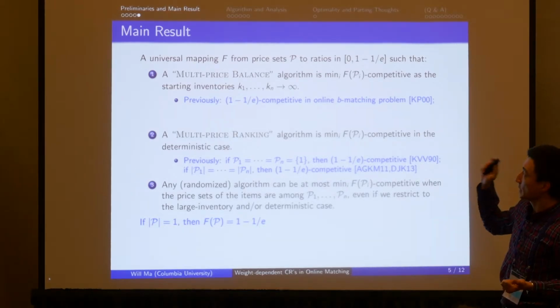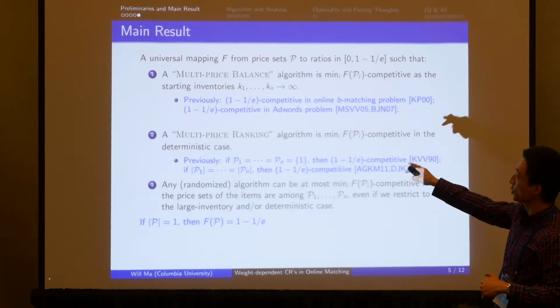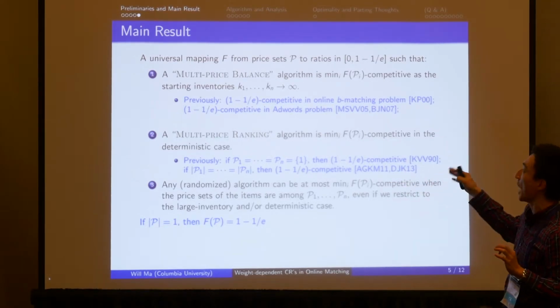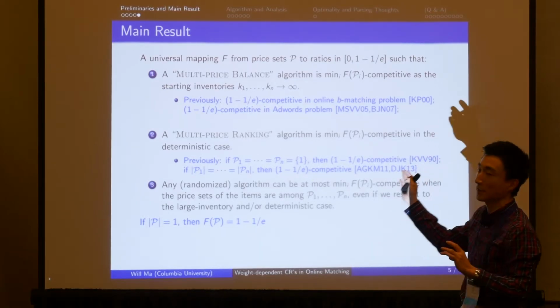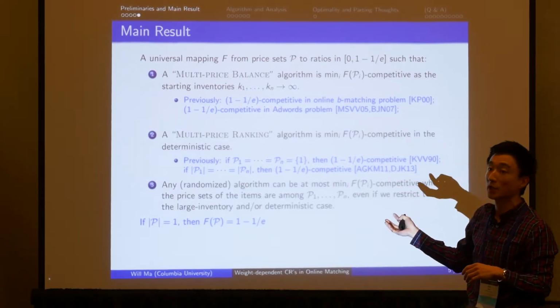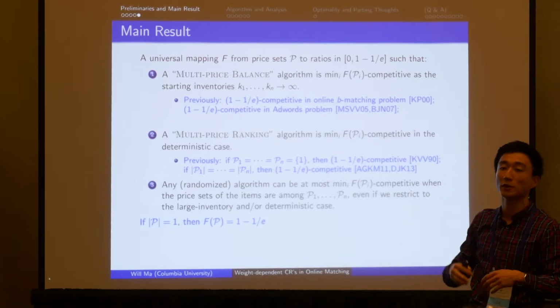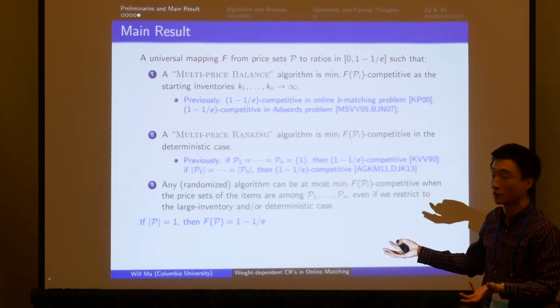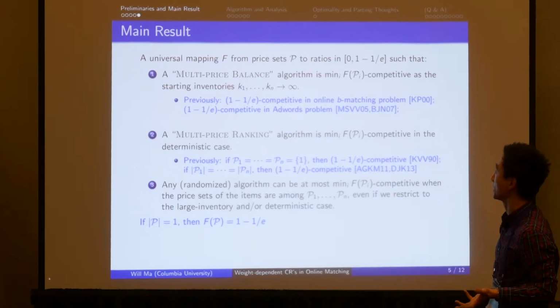And if each item has a single price, we can show that this is actually equivalent to the AdWords problem. Even though the AdWords problem is phrased a bit differently, where the bidders have budgets, essentially because the budget can only be converted to reward at a fixed rate, it corresponds to each item having a single price.